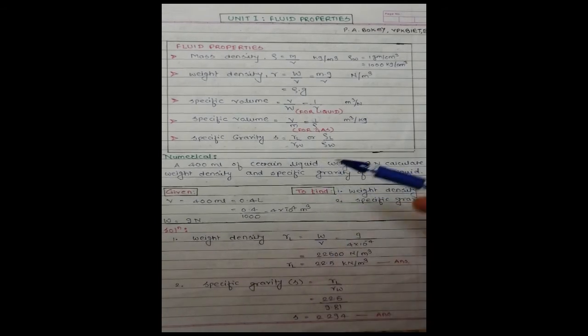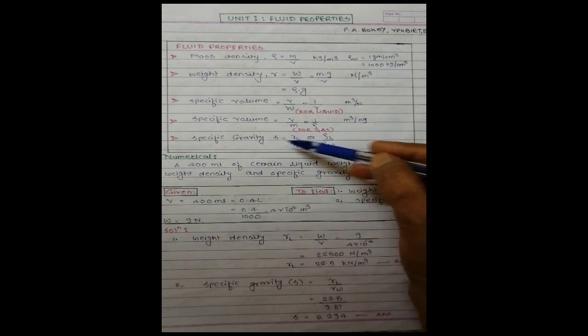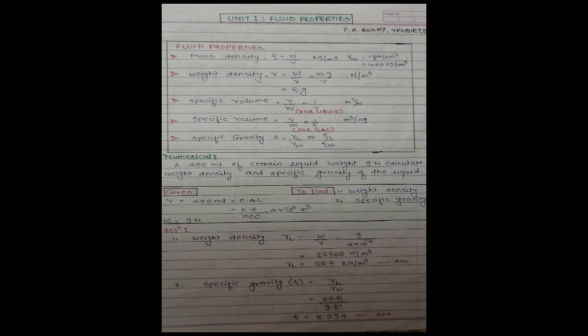Specific gravity, it is denoted as S. Specific gravity is defined as the ratio of the weight density of a fluid to the weight density of a standard fluid. For liquids, the standard fluid is taken as water, and for gases, the standard fluid is taken as air. Specific gravity is also called relative density.